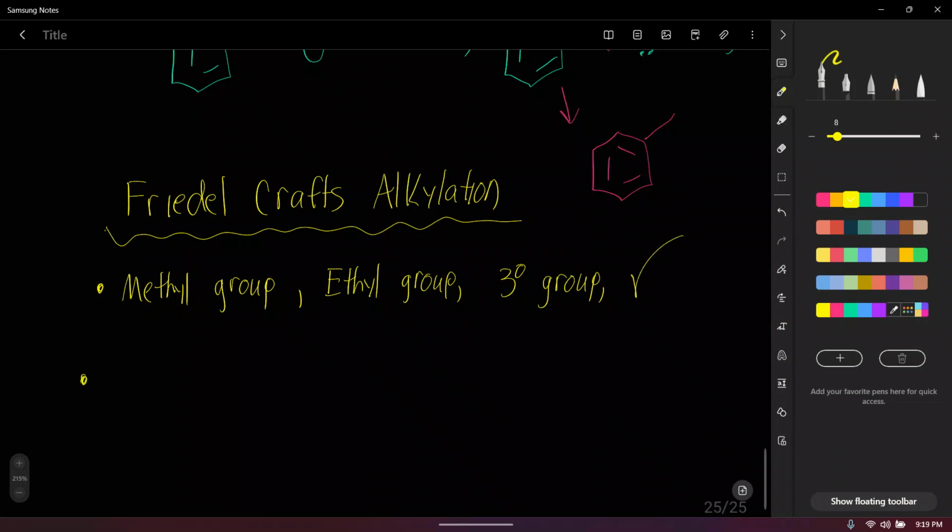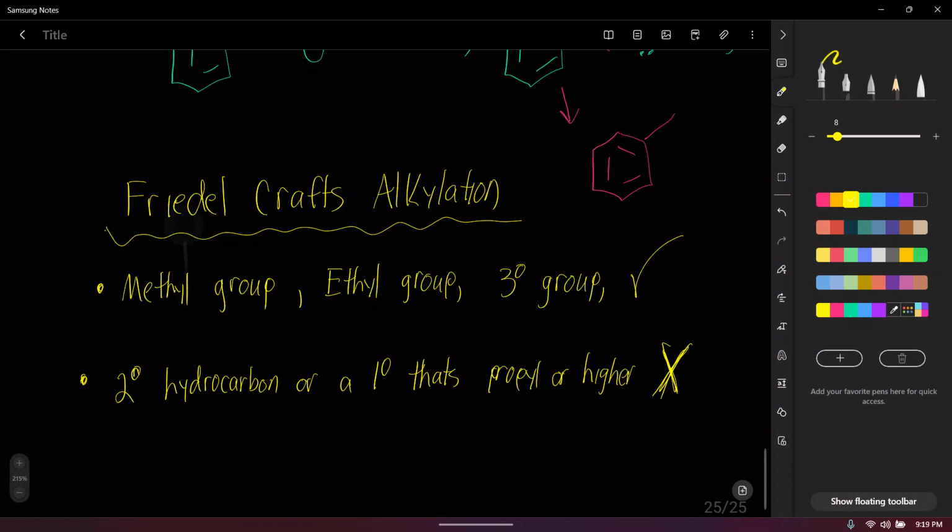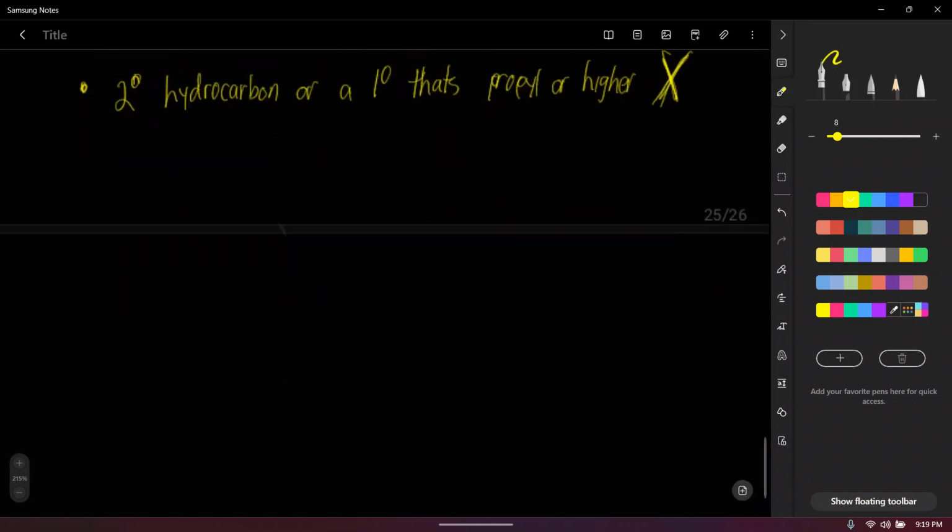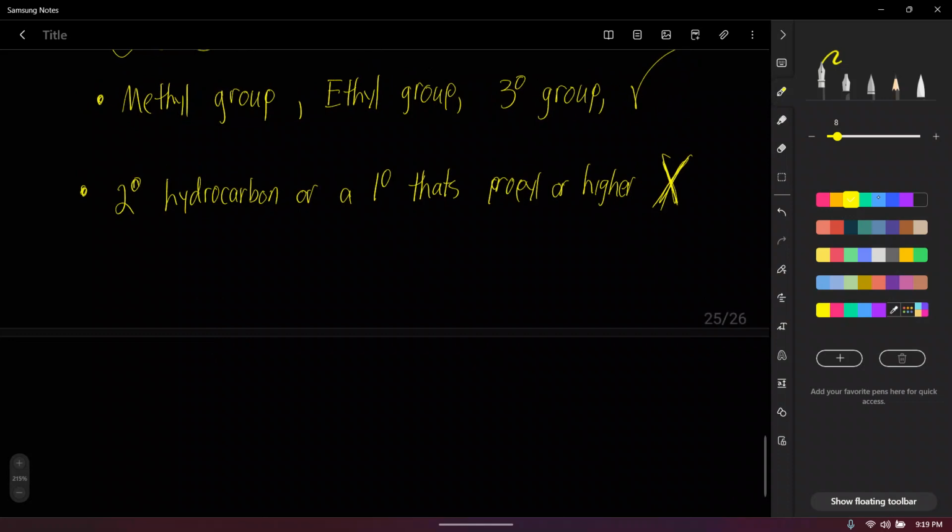But it turns out that if I am adding a secondary group, so if I'm trying to add like a secondary hydrocarbon chain, so a secondary hydrocarbon, or a primary that's propyl or higher, this is not going to work. And we need to talk about why that's the case. So let's talk about why that's the case.